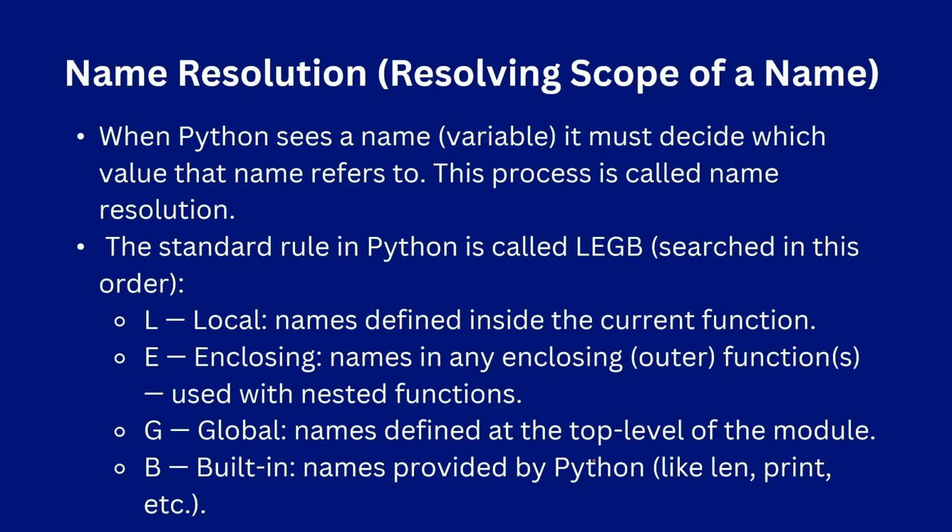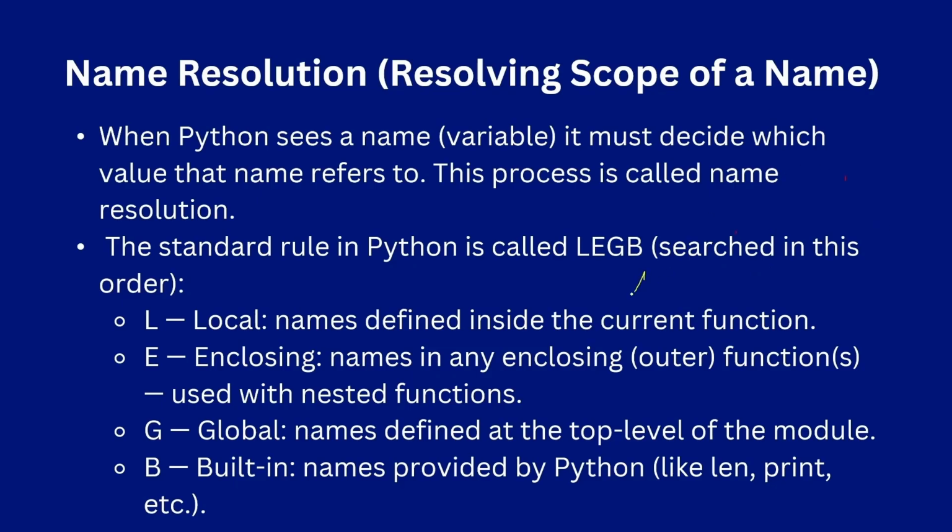If it doesn't find it there, then Python reports an error. Okay, so this is how it moves. First it checks the local space, then the enclosing space, then the global space, and last the built-in namespace. If it is unable to find it there, it says there is an error, this variable is not present.